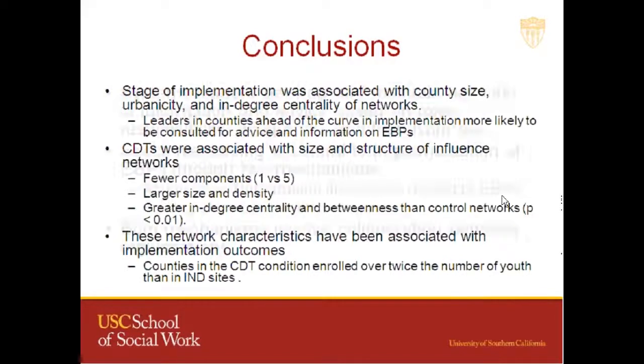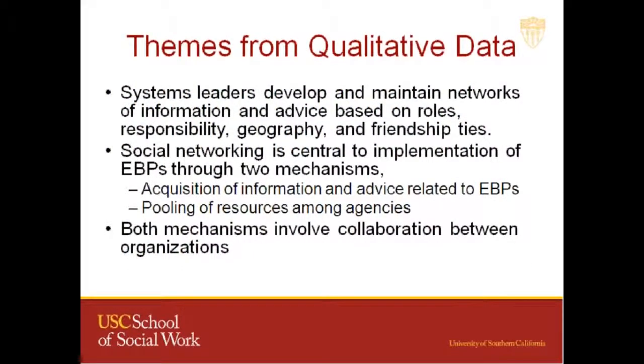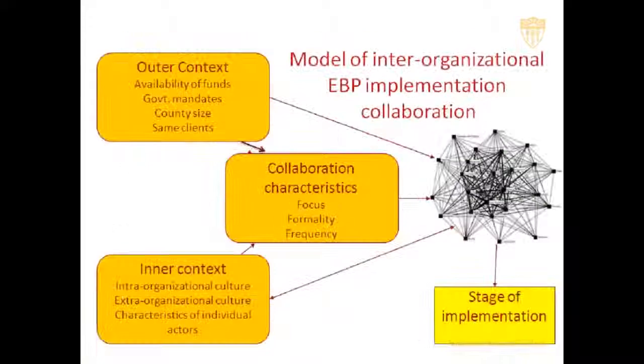Next slide. So we were able to piece together sort of a model of inter-organizational implementation collaboration based on the qualitative data that we collected. And that model includes an outer context like the availability of funding to support the program, a government mandate that dictates agencies have to do it, the size of the county, and whether or not these different agencies serve the same clients.